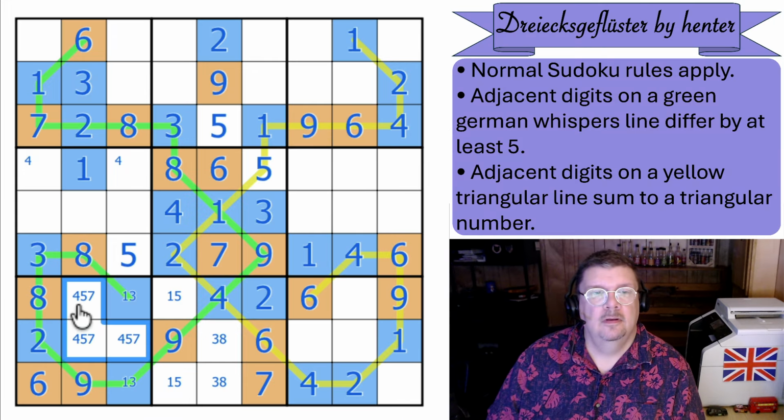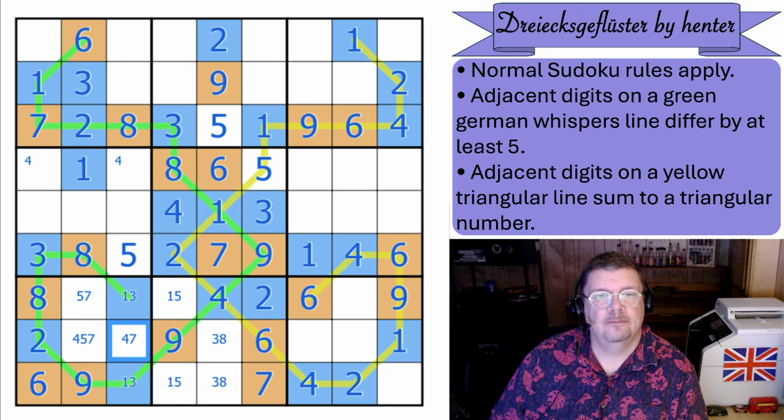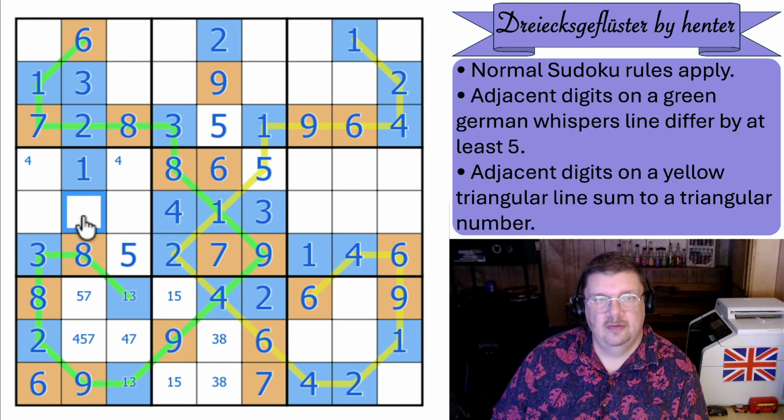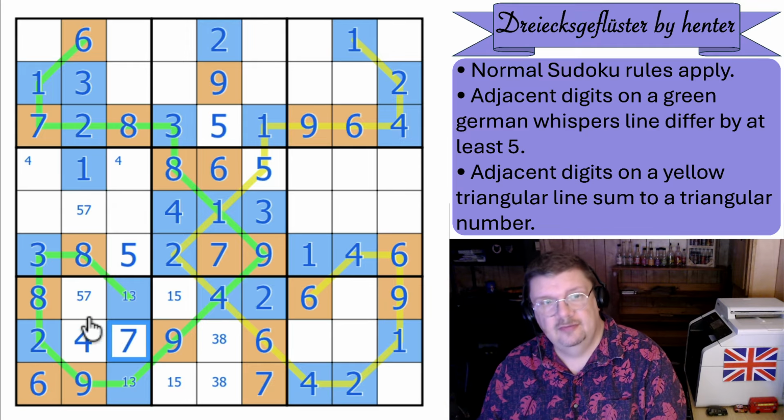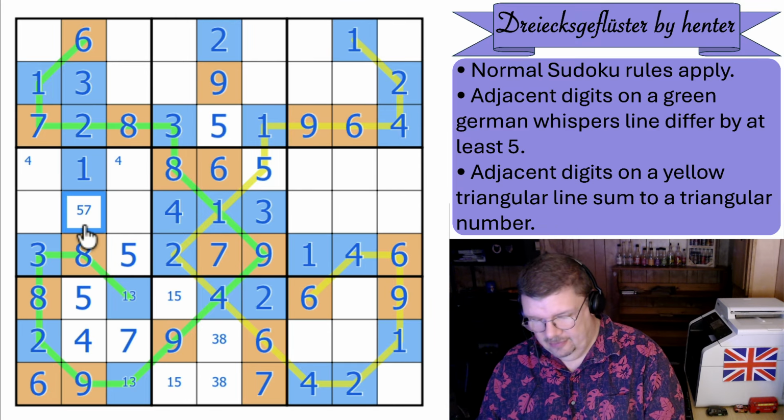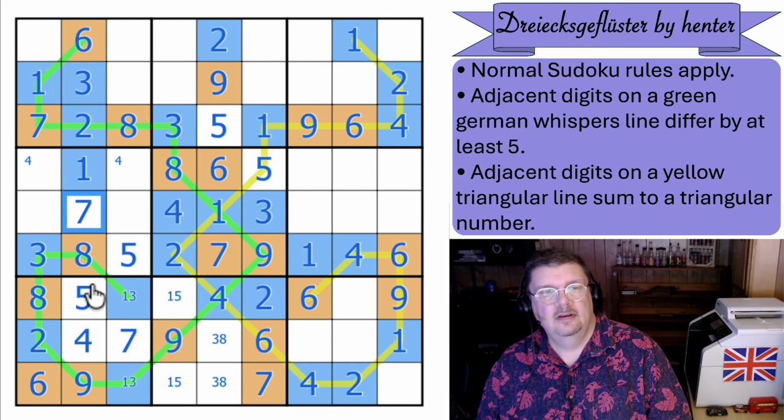That is not a 4. That is not a 5. This in the column is 4, 5 or 7, but it is not a 4. So that is a 5 or a 7. That makes that 4, that's 7, that's 5, that's 7.